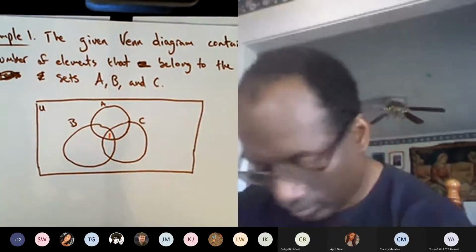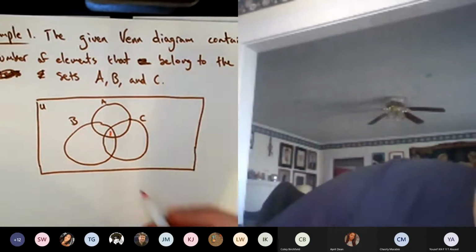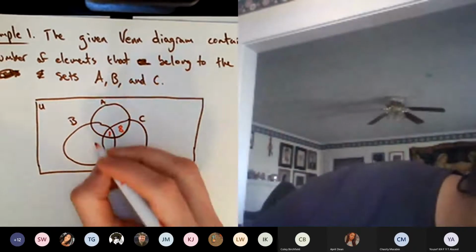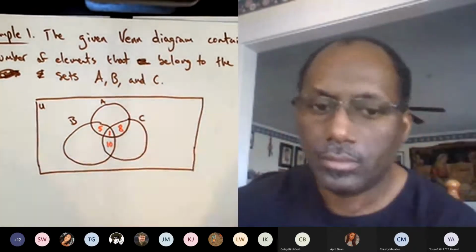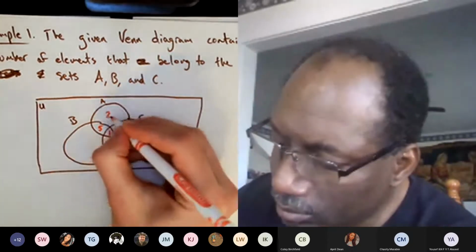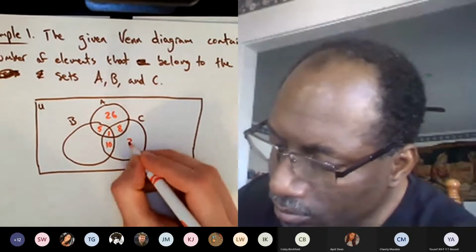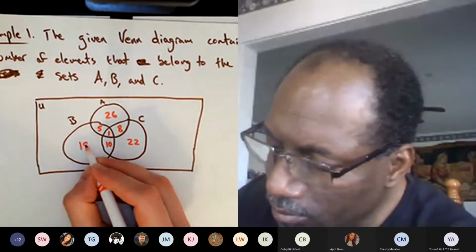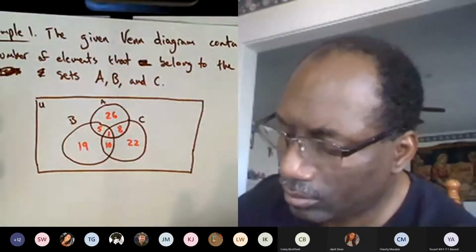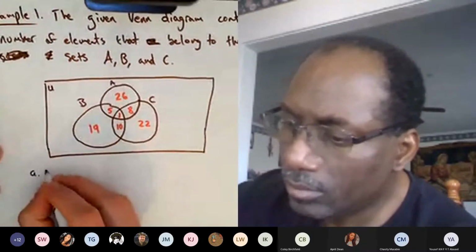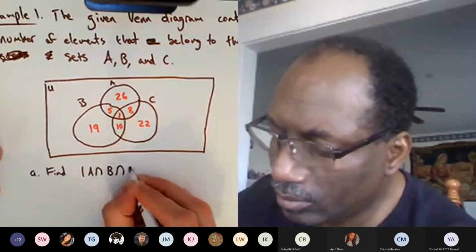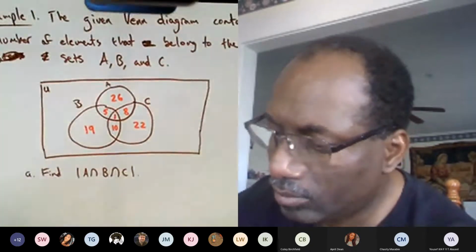This picture, by the way, is on page 71 if you'd like to see it in the text. The intersection there in that little spot is 8, and then we have a 5 there and a 10 there. So that's 5, 1, 8, and then 10 down there, and then a 26 left in the rest of A, a 22 in the rest of C, and a 19 in the rest of B. I'll give you a second to finish drawing it.